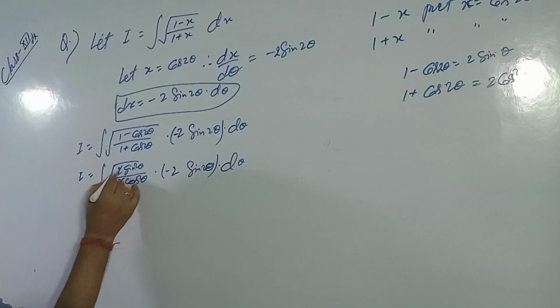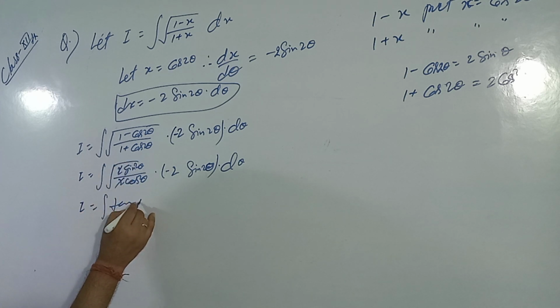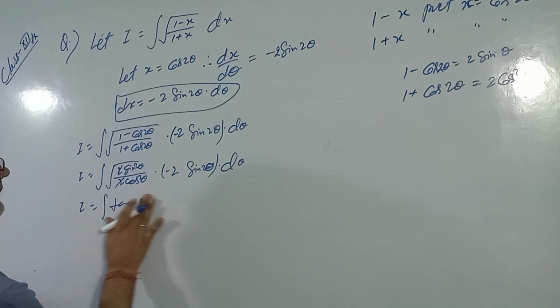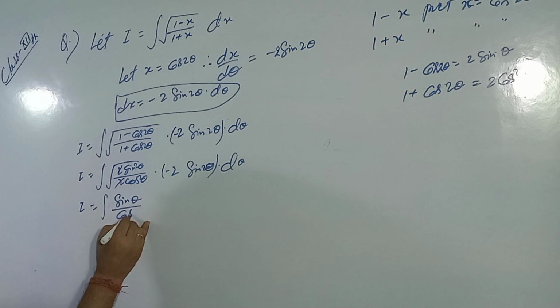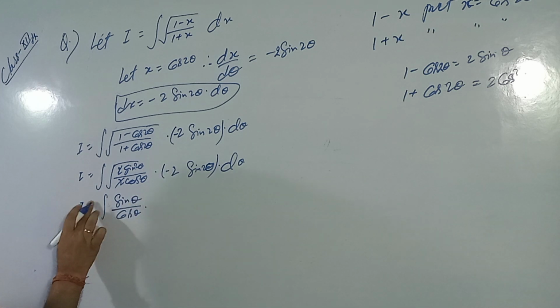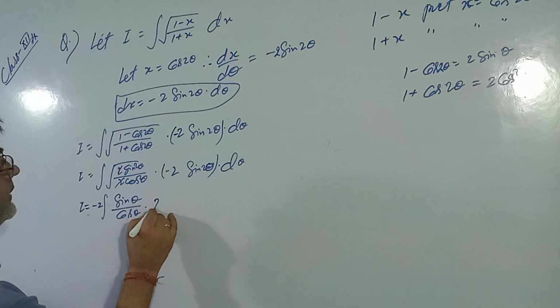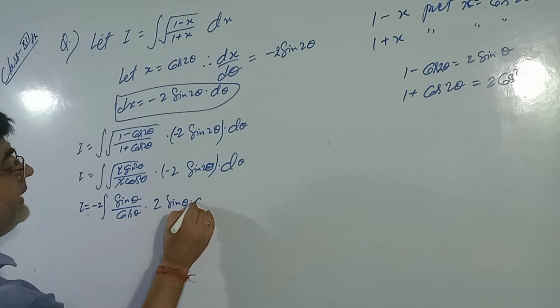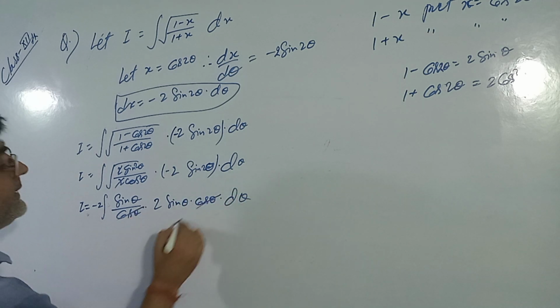So the 2 cancels out. I equals sin theta by cos theta, tan theta, right? And minus 2 is minus 2. So sin 2 theta is also written as 2 sin theta cos theta d theta. Cos theta cancels out.